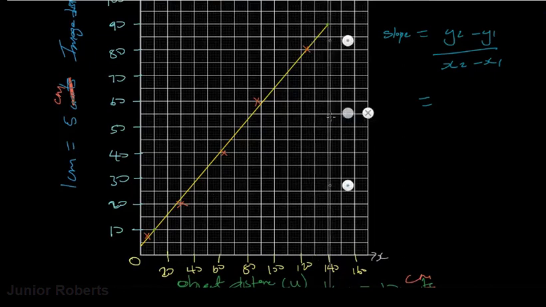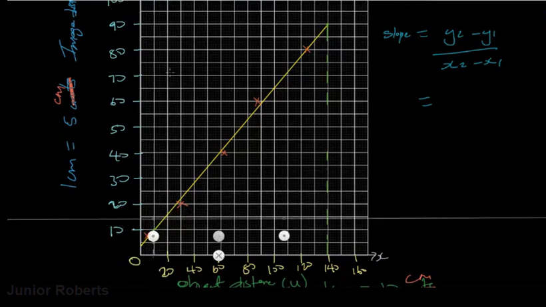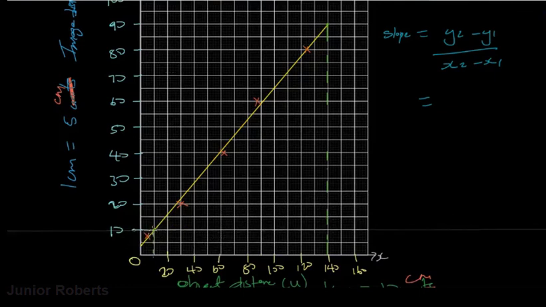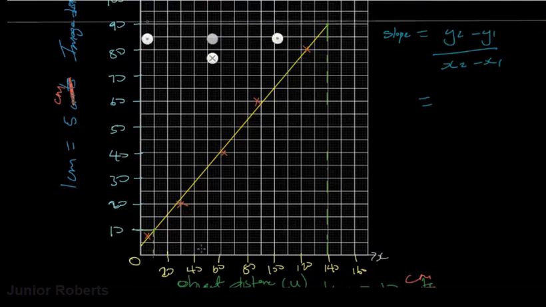I'll draw a broken line down like this, and do the same thing for this point, then do the same thing to obtain the y values, going across just like that.